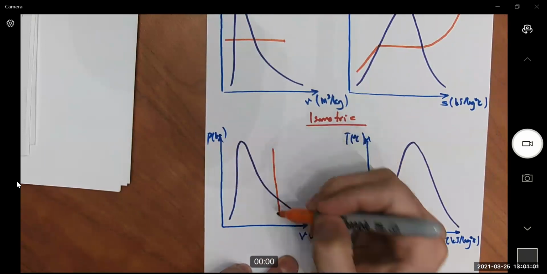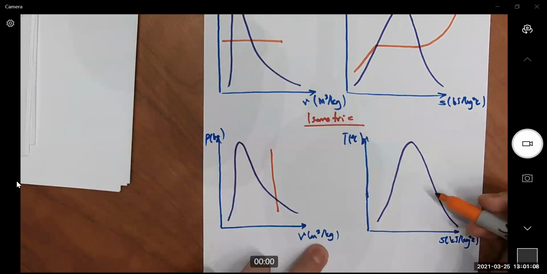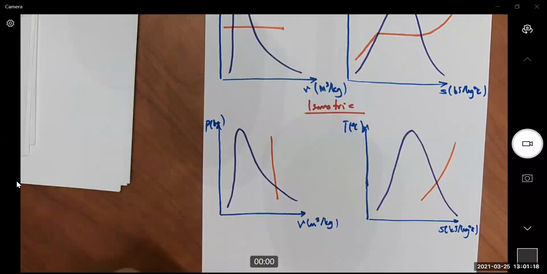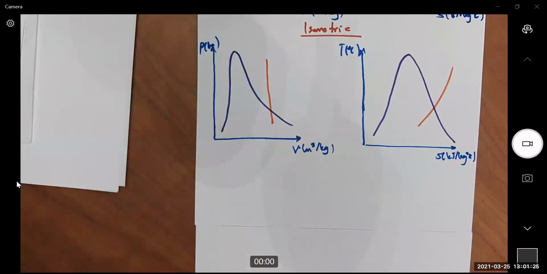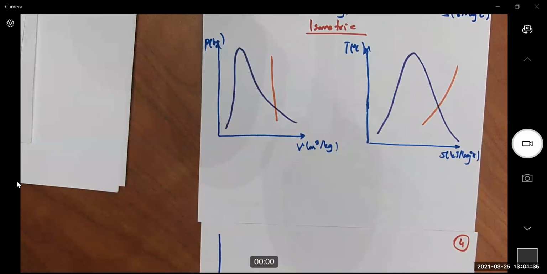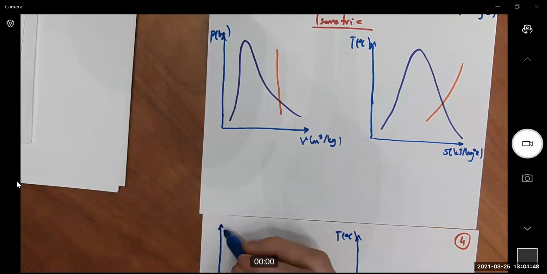A vertical line, correct? On a TS diagram, it will look like an upward sloping line.